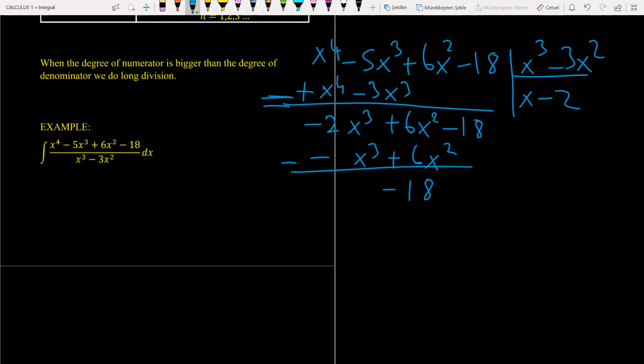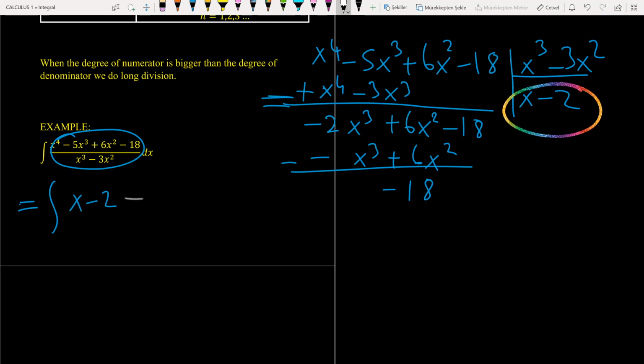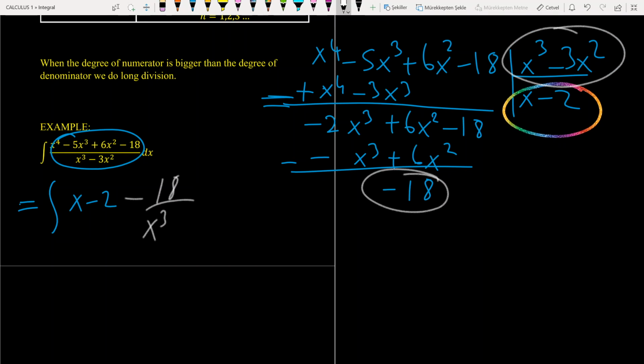So this rational function becomes this one. Instead of this one, I write x minus 2 from here, minus 18 divided by x cubed minus 3x squared dx.